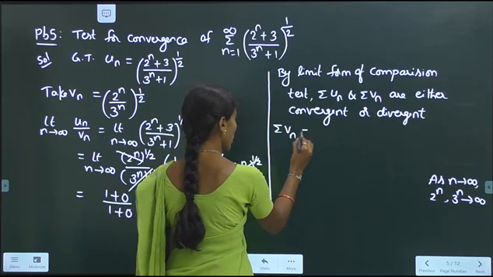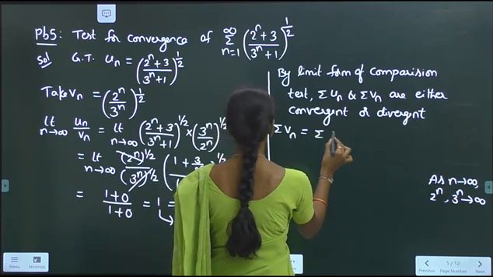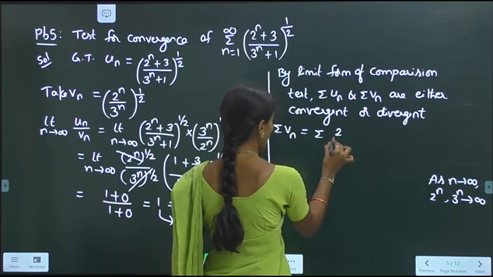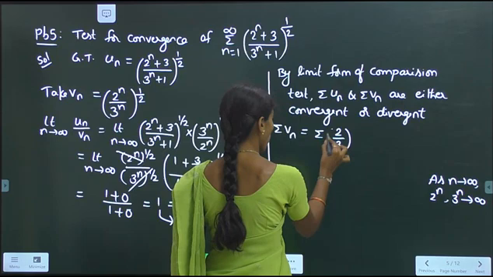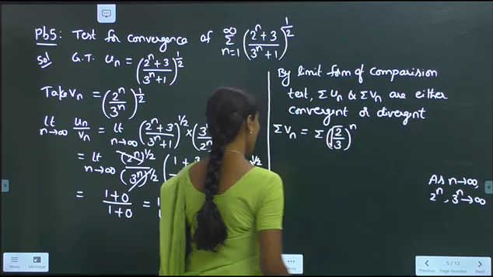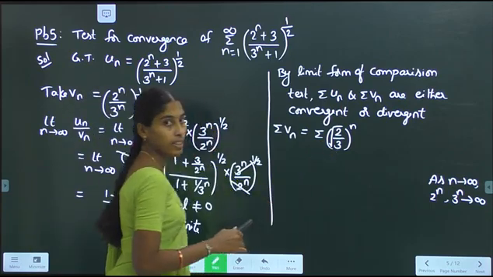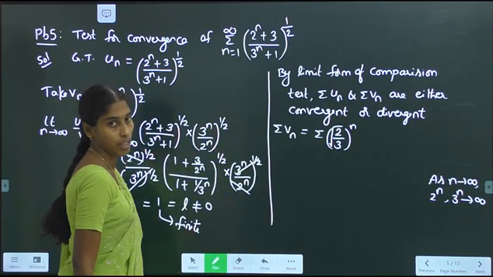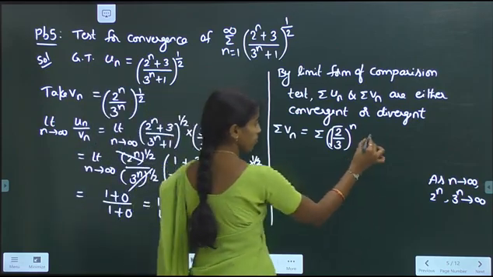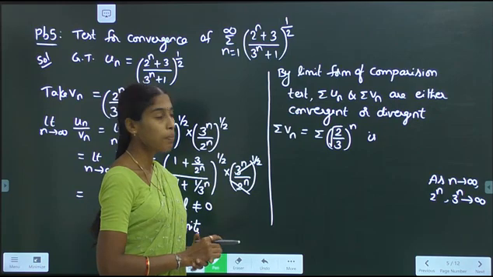What is Vn here? Summation of 2 power n by 3 power n whole to the power half. We can write it like that. See here, this can be written as summation of (square root of 2 by 3) whole to the power n. First of all, it is in the form of summation r power n.